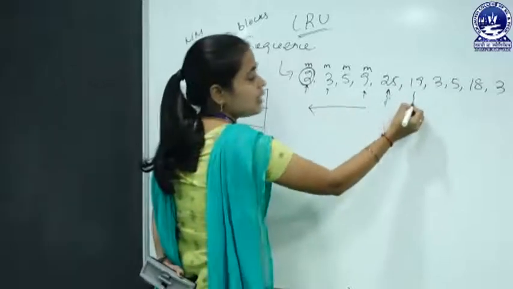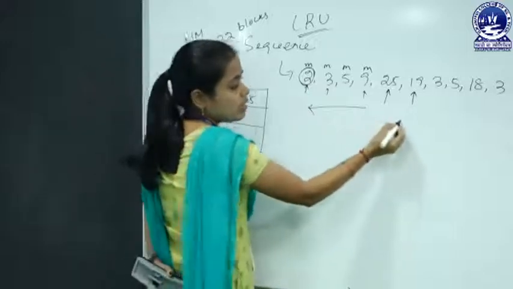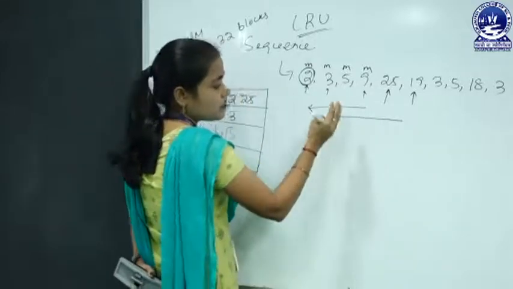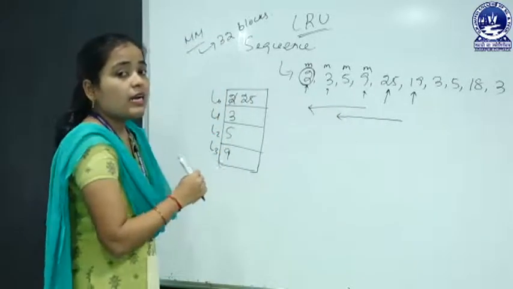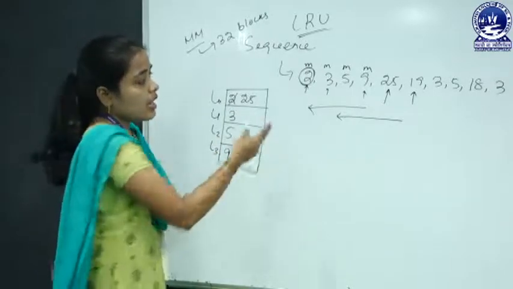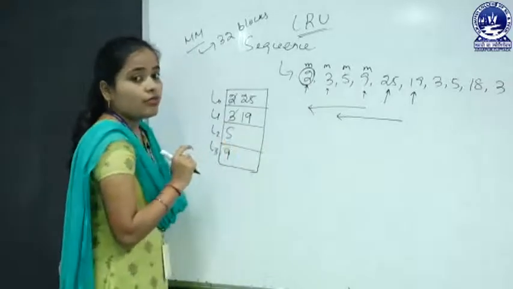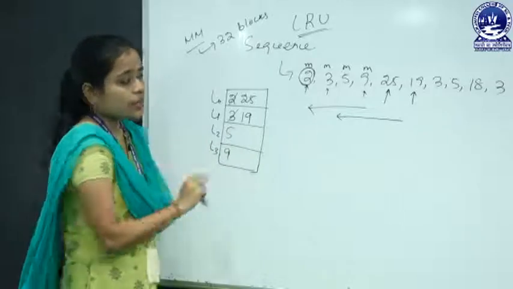Then next one is 19. Again you have to go back through the previous blocks and examine which block is least recently used, and here the block is 3. So you have to replace line 1 and place 19 here.